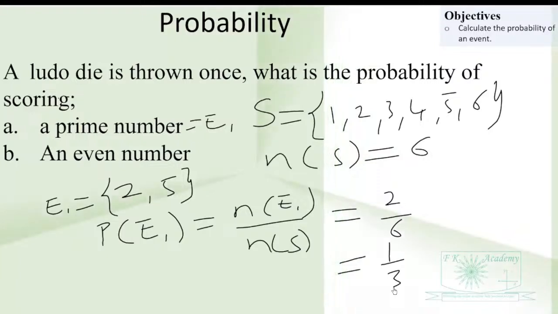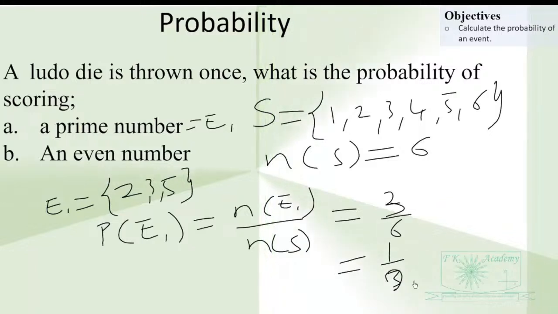Sorry, the prime numbers are 2, 3, 5. So we have 3 over 6, which is 1 over 2.